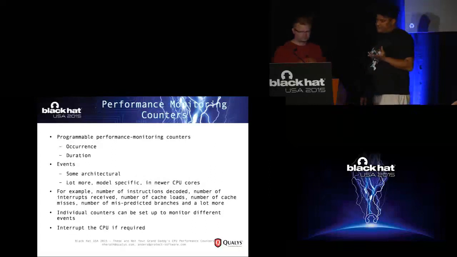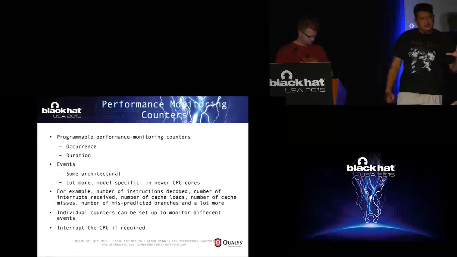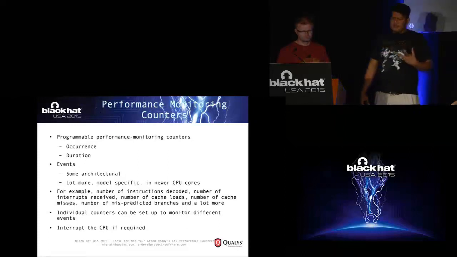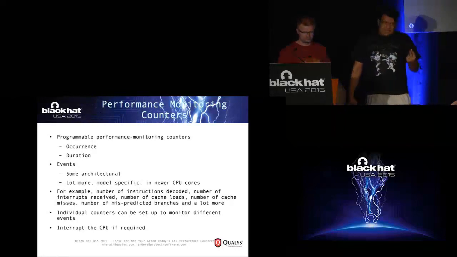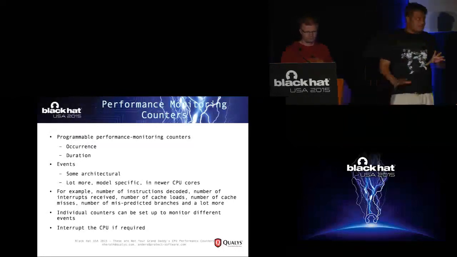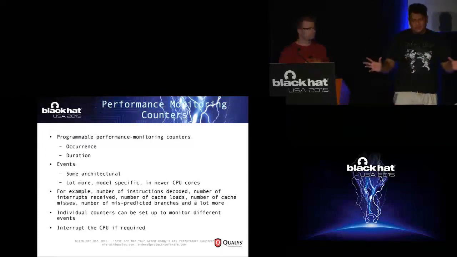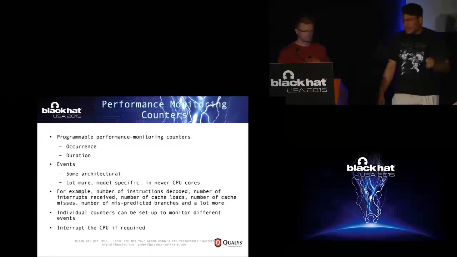So in general, the performance monitoring counters can monitor 2 main categories of things in terms of the performance events as well as the event duration. So in terms of events, these days, there are so many events. So you really need to look in the manual for a description of all the events that are available for any microarchitecture that you're interested in.